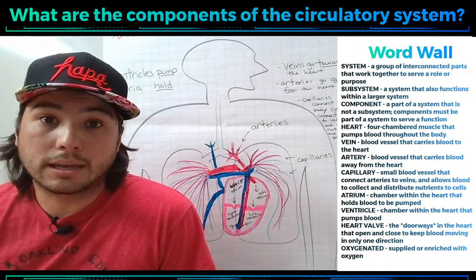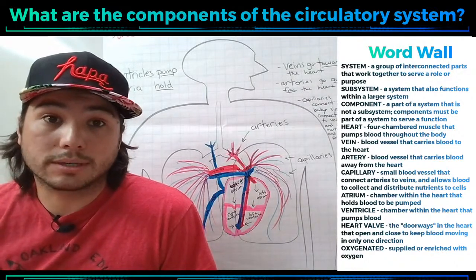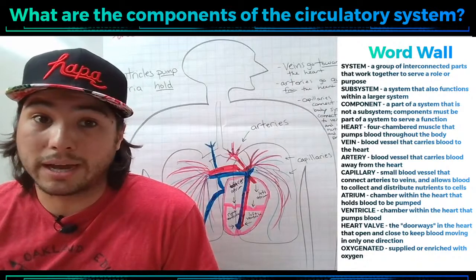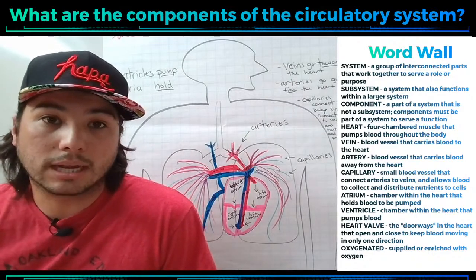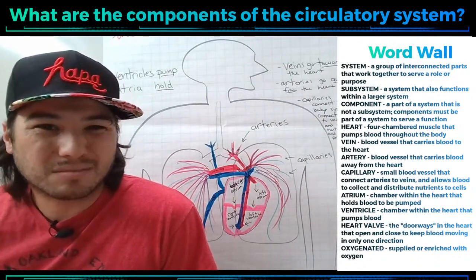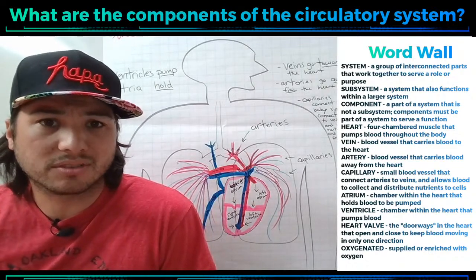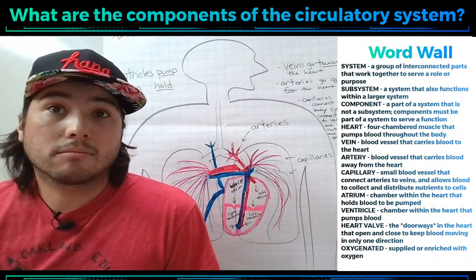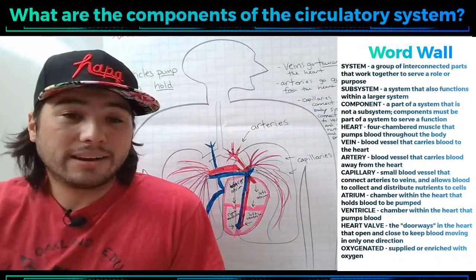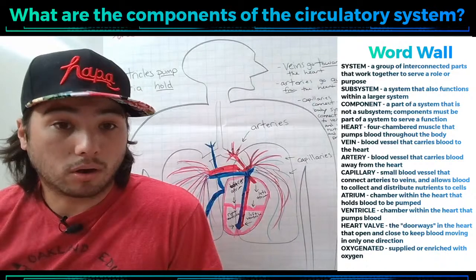There's a lot of things that can go wrong in our circulatory system. And so keeping our heart healthy by eating healthy and making sure there's not a lot of fats building up in our blood vessels, and making sure we're exercising and keeping our heart muscles in shape, that will extend our life and keep us healthier for longer.